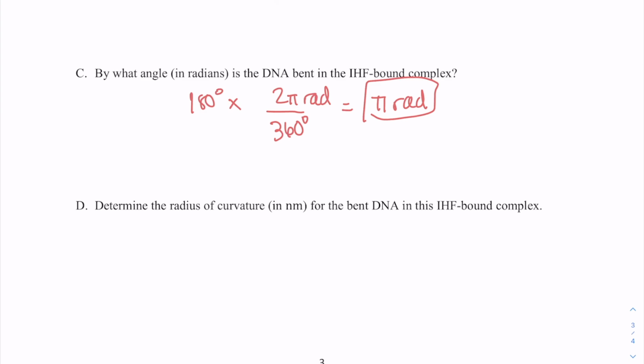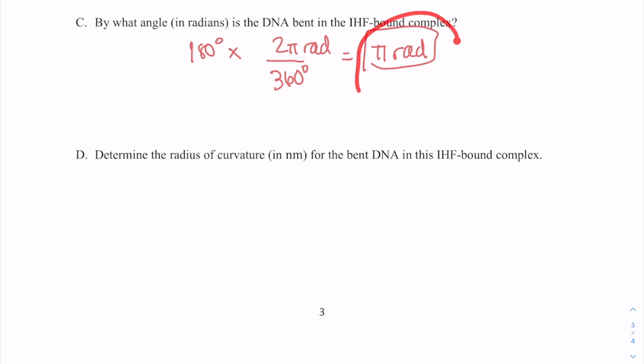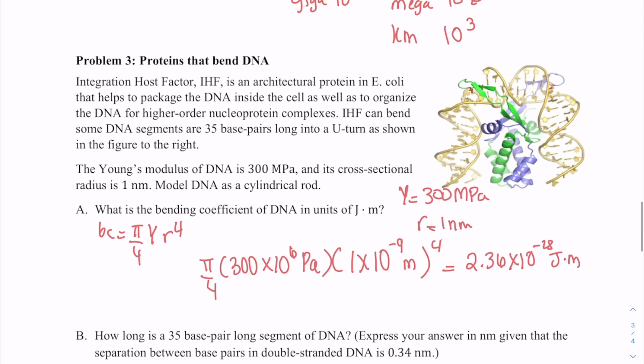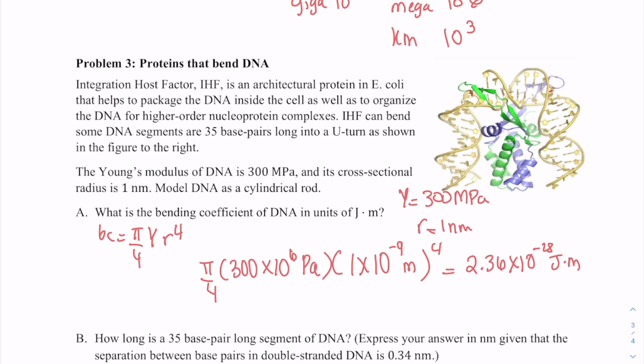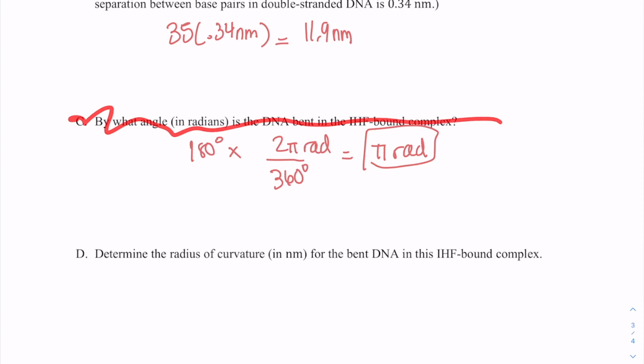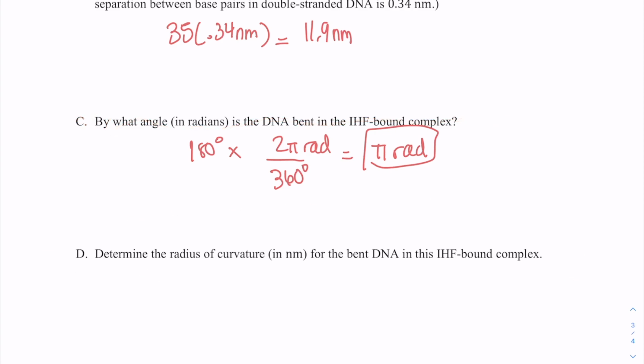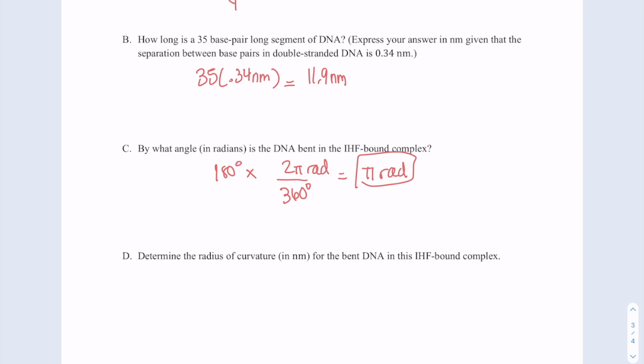But yeah, that's part C. Now part D is what I was talking about, where normally they would just give you the angle, and then you can jump immediately to part D. I remember a problem like this on our online homework, and I think the difference was that they gave us the angle in radians, and part C wasn't even a step. But I think it's better to have part C, honestly, because then you would get more points for every single step of the problem.